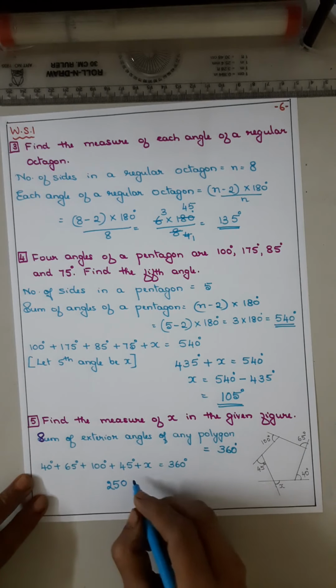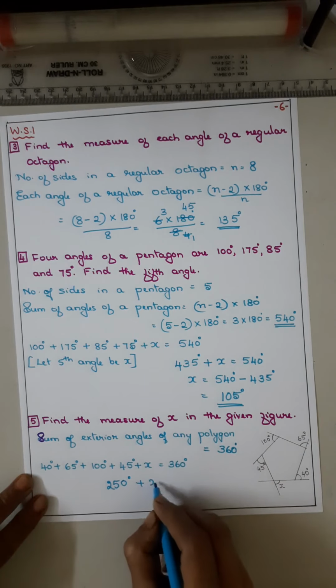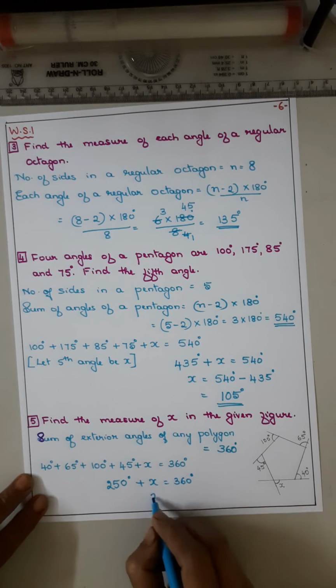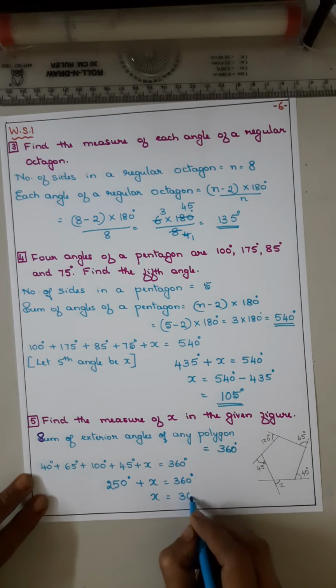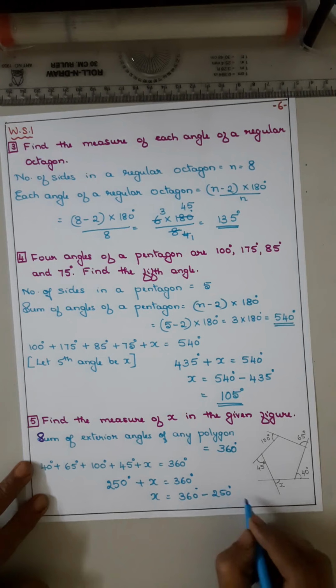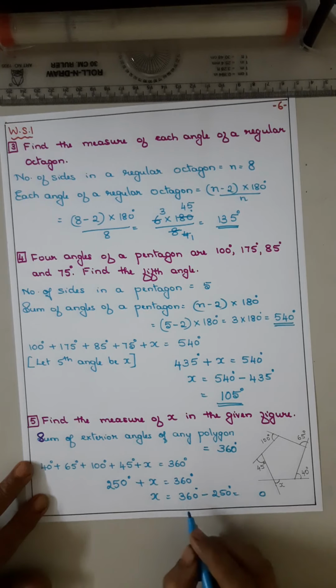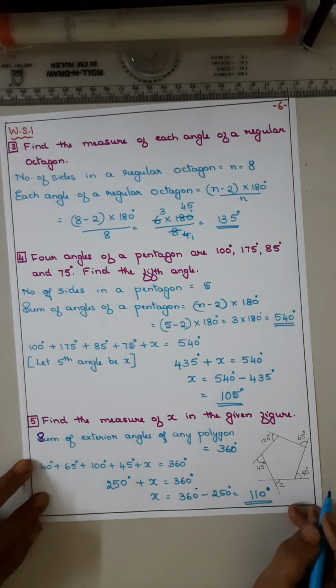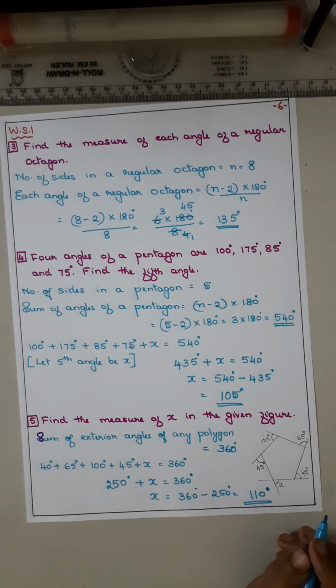You got 250 degrees plus x is equal to 360 degrees. x is equal to 360 degrees minus 250 degrees. 0 minus 0, 0. 6 minus 5, 1. 3 minus 2, 1. So the value of x is 110 degrees.